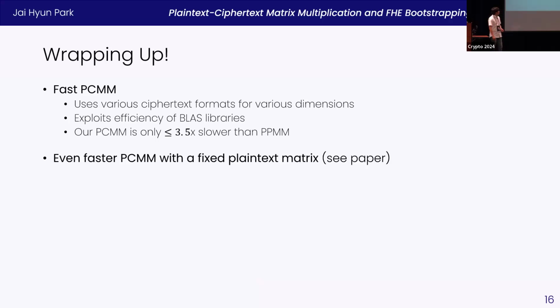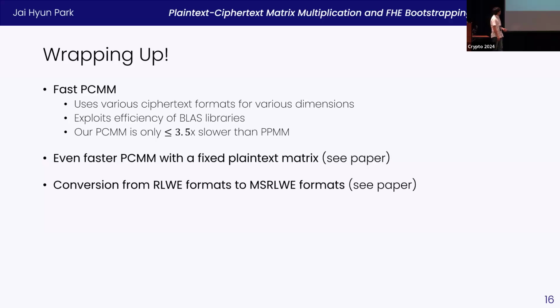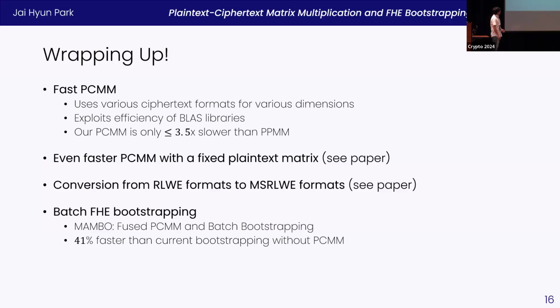Also, this is not included in the talk, but in the paper, we also suggest even faster PCMM for the fixed plaintext matrix case. We also suggest some conversion algorithms from ring LWE to multi-secret ring LWE. We refer to the paper for the details. And we also suggest a batch FHE bootstrapping, and it was fast. Our paper is available online, so thank you for listening.